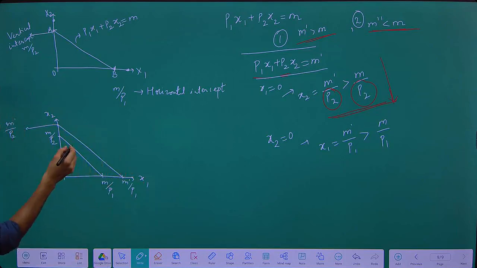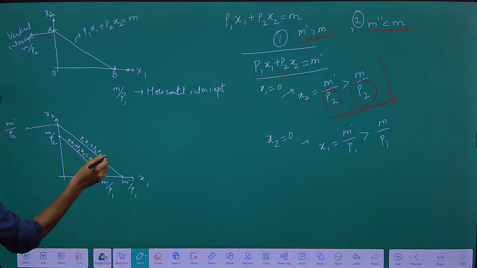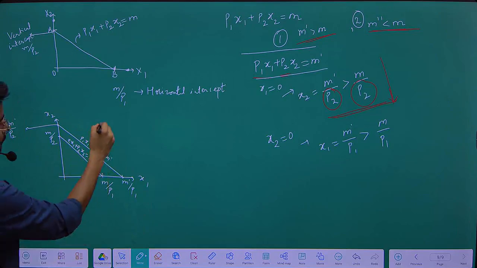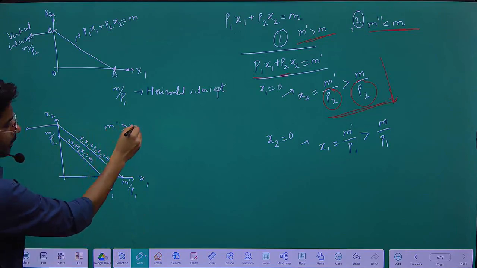So here for this case you have p1 x1 plus p2 x2 equal to m. For this case you will have p1 x1 plus p2 x2 equal to m dash, and you have m dash greater than m.